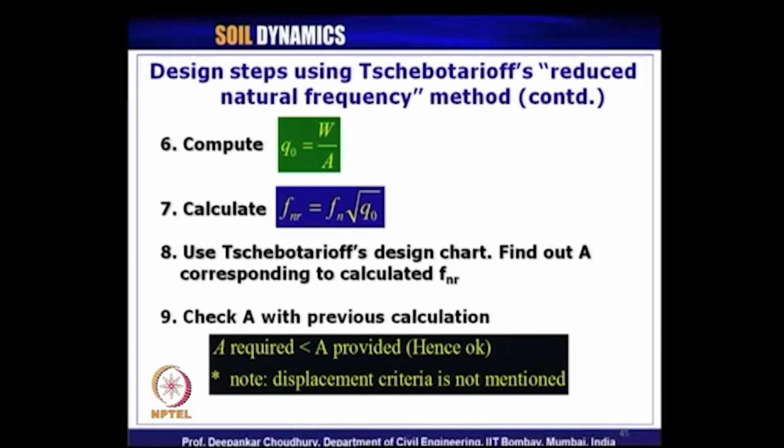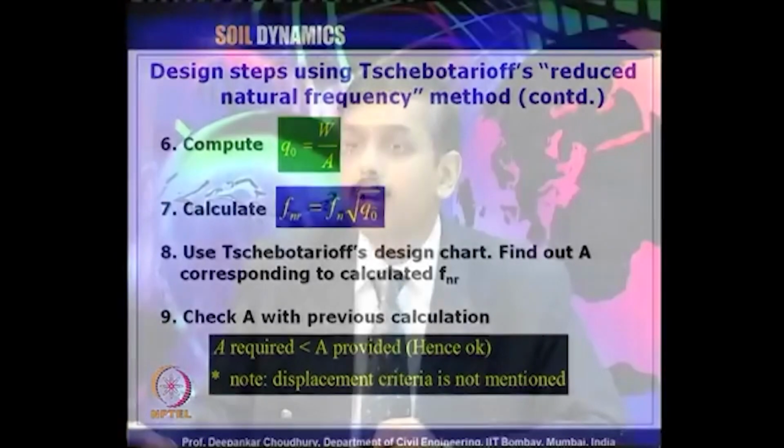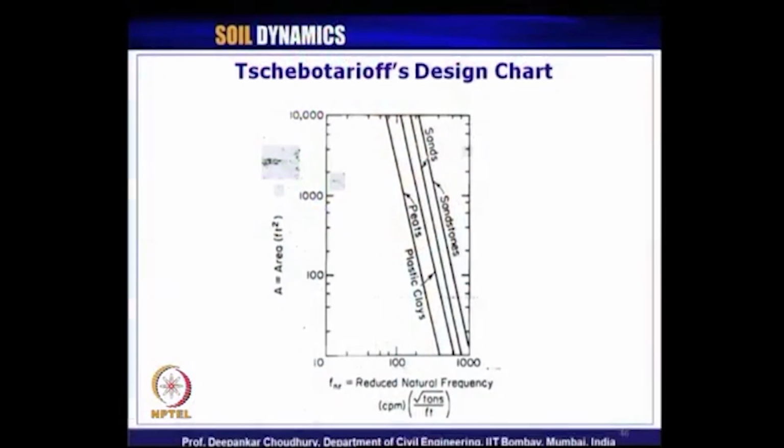The only criterion we are checking here is the no resonance criterion. That is in the second step, while selecting your Fn value, you have used that no resonance criterion, but for the second and third criteria there is no chance that you can check. So, that is the major drawback of Tschebotarioff's reduced natural frequency method. Let us now look at Tschebotarioff's design chart.